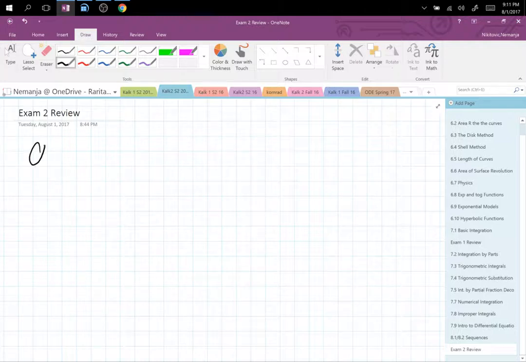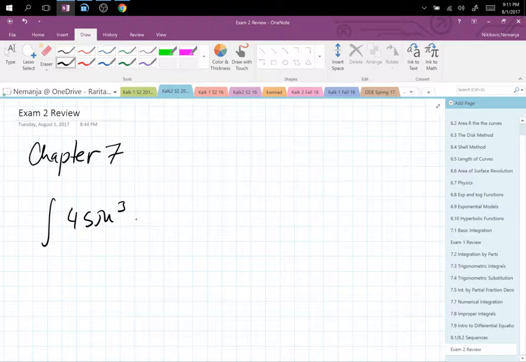Do you have any questions that we could probably do? All right, let's go one by one. Integrate 4 sine cubed x cosine squared x dx. We have an odd power. If we have an odd power, that's when you peel off one and leave the rest for dx.